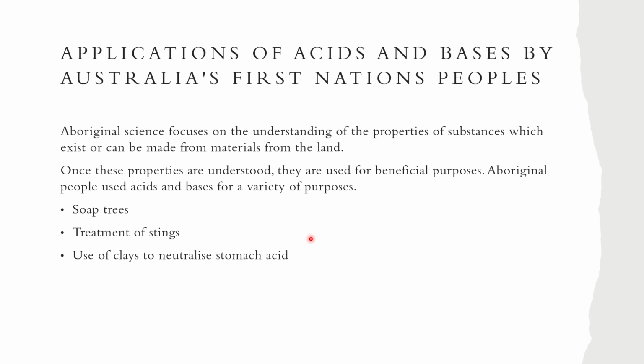Acids and bases can also be used from different kinds of plants to treat stings. Some stings are acidic from some particular insects, other stings are basic. Either way you look at it, some acidic trees can be used to neutralize basic stings. Some basic trees or plants can be used to neutralize acidic stings. Bases have also been used to be able to neutralize stomach acid and relieve symptoms of stomach aches.